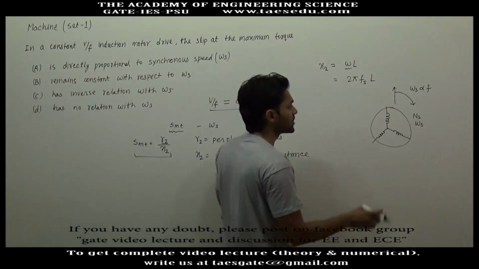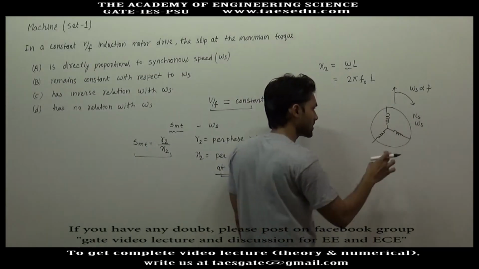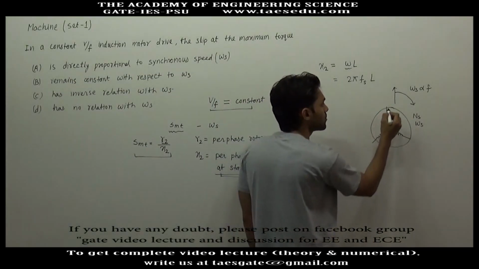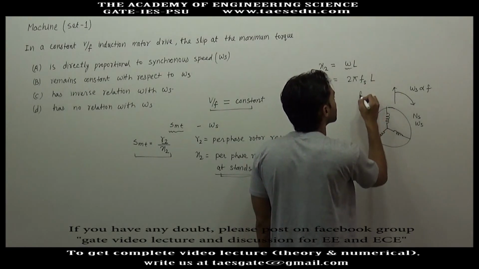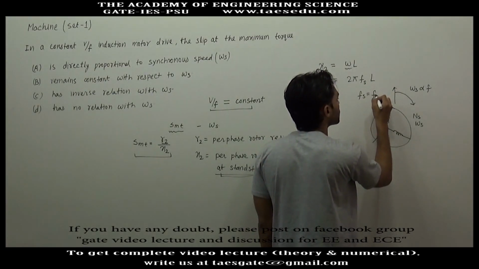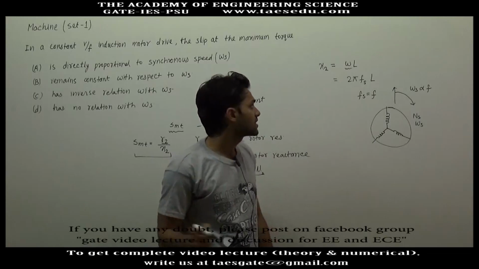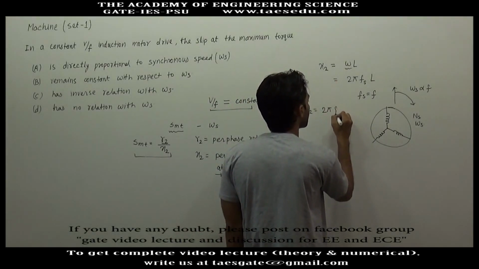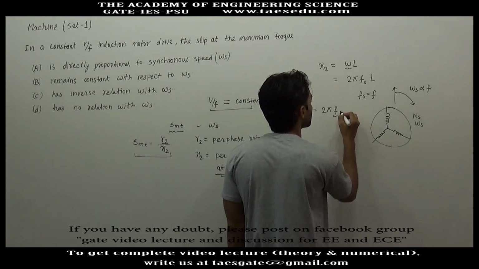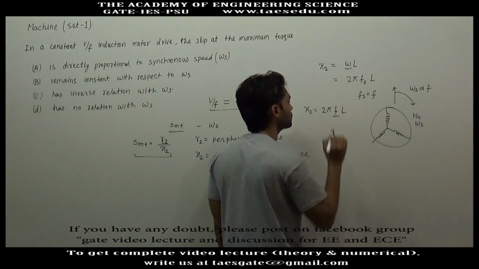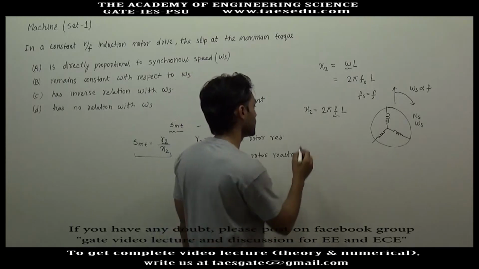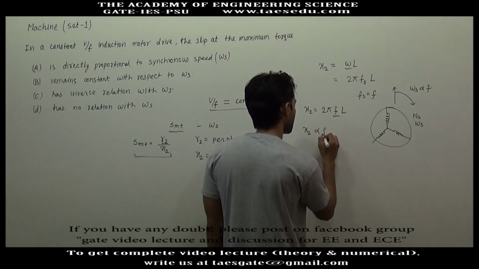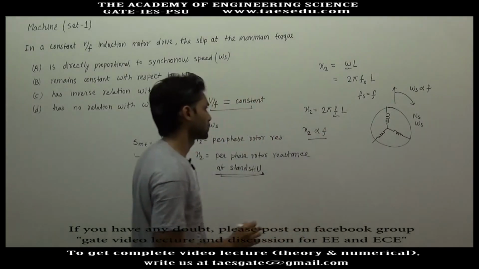So the frequency of the voltage generated in the rotor winding at standstill will be the supply frequency. So X2 is nothing but 2 pi f, where f is supply frequency, into L, or we can say that X2 is directly proportional to supply frequency.